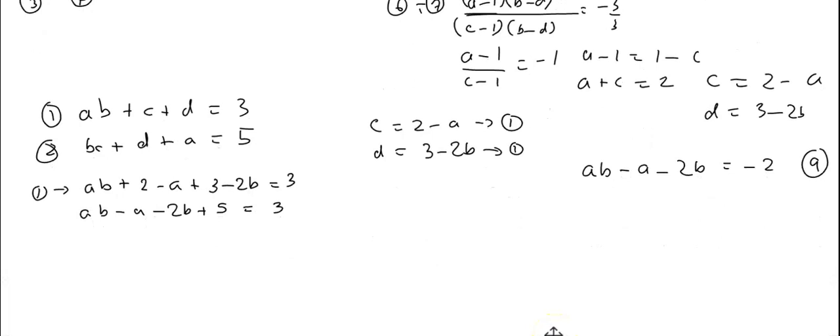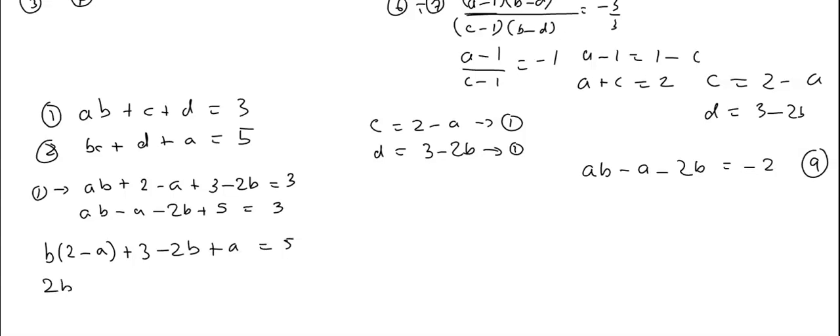And then if I put these two statements again into equation 2, I get BC, that is B times 2 minus A, plus D, I beg your pardon, plus D, which is plus 3 minus 2B plus A equals 5.